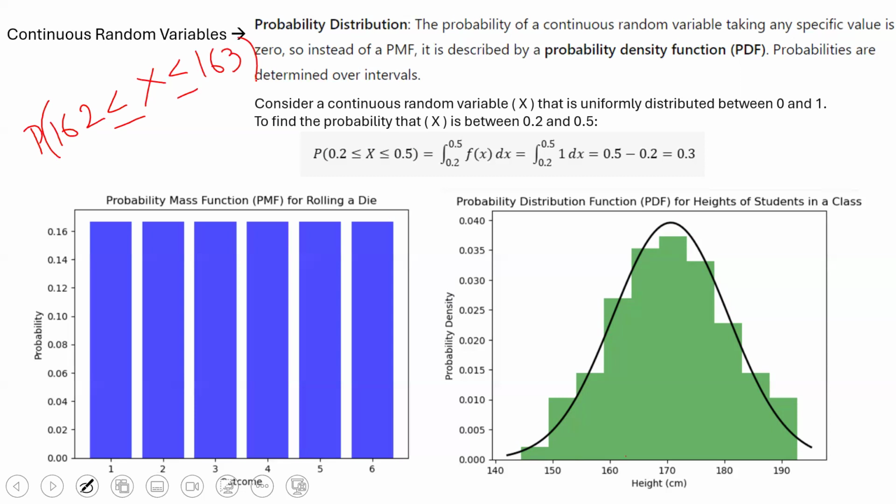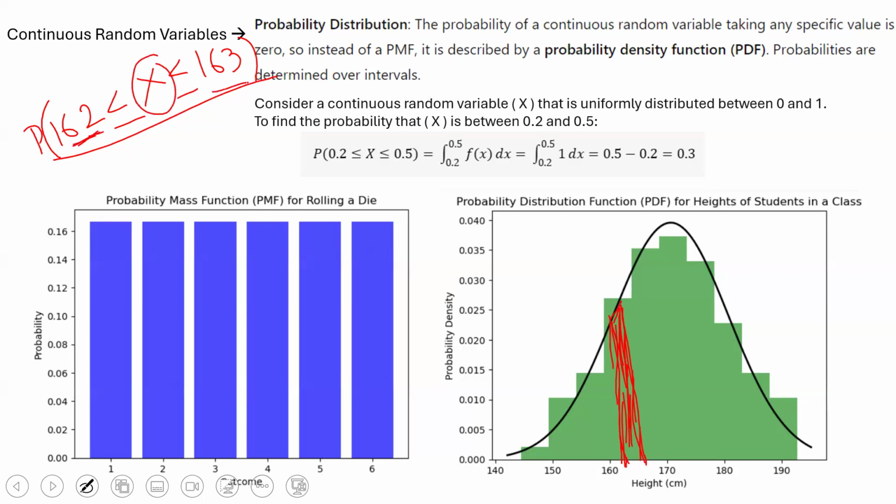So this is 162 and this is 165, right? Now if I want to know this value, I have to calculate the area under this curve, under this space. I'll get the probability of a random variable taking a value in between 162 and 165.